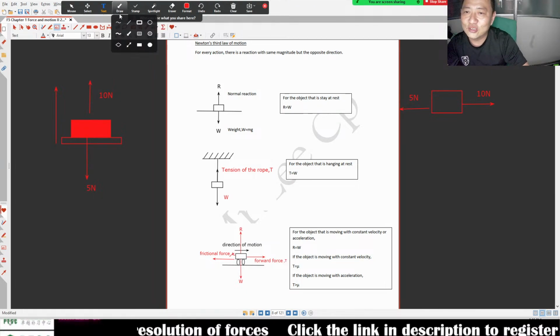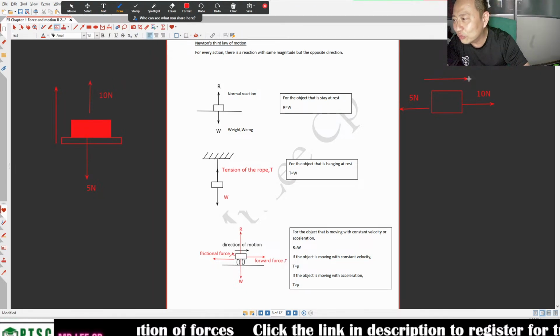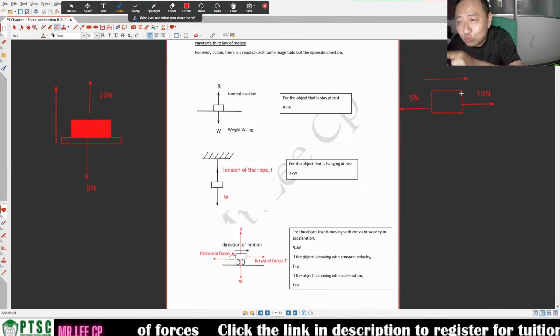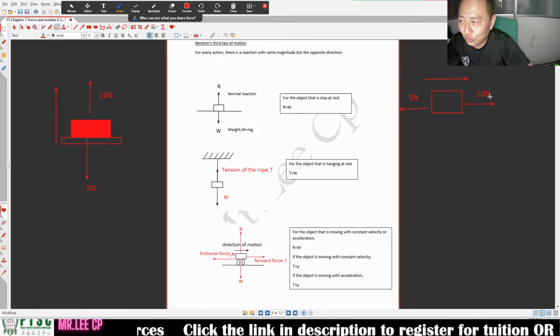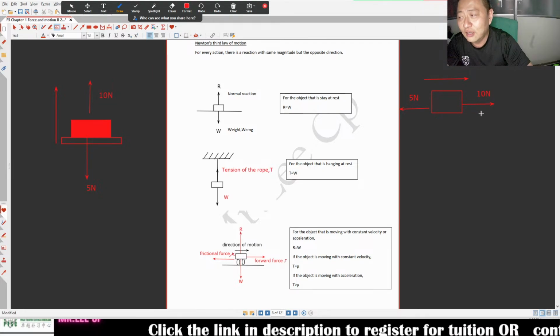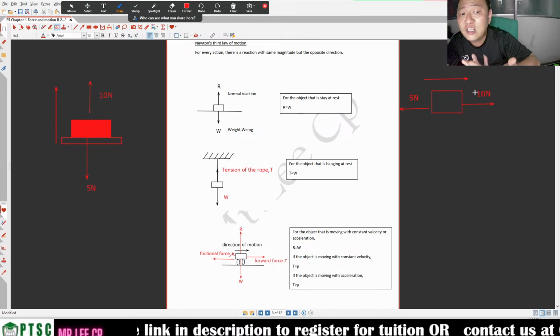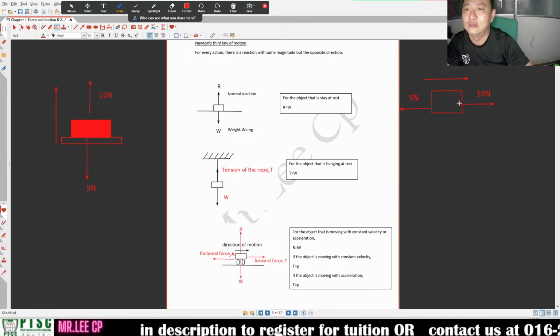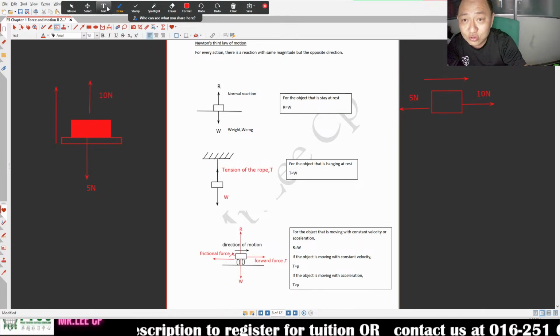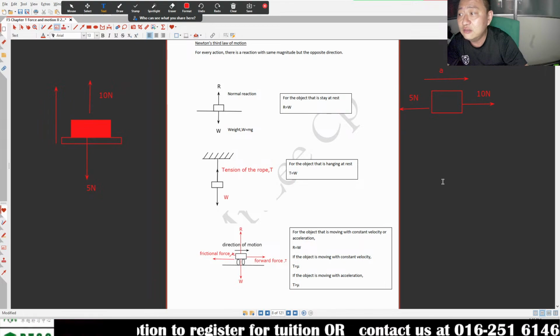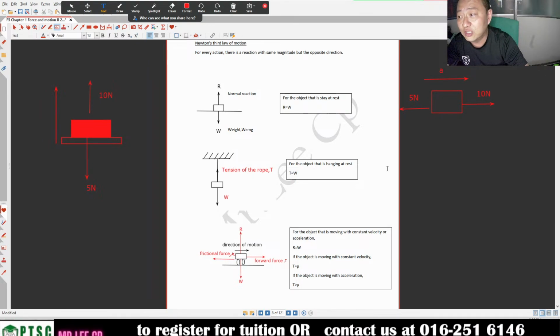Go to the right. Why go to the right? Because the right hand side is stronger. Right hand side stronger means you got a net force, a resultant force, so that you will produce one acceleration.